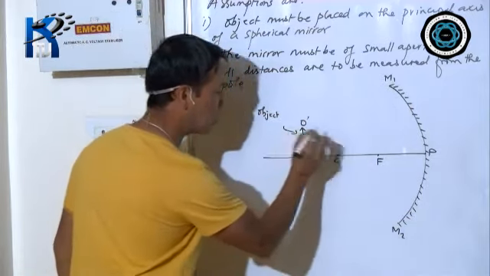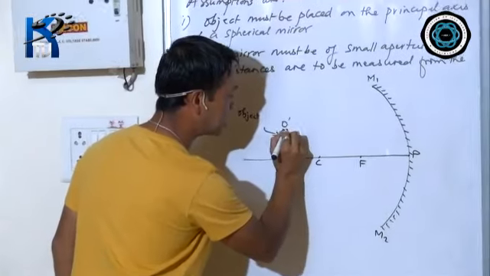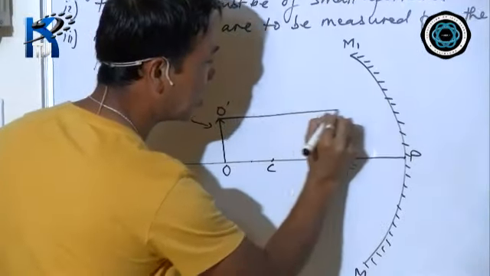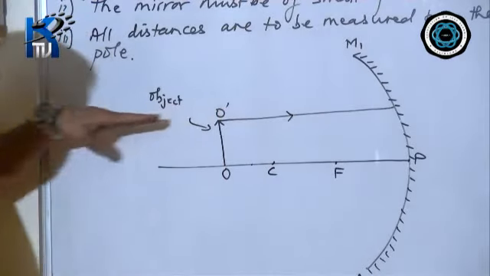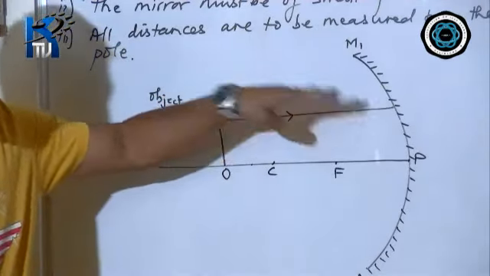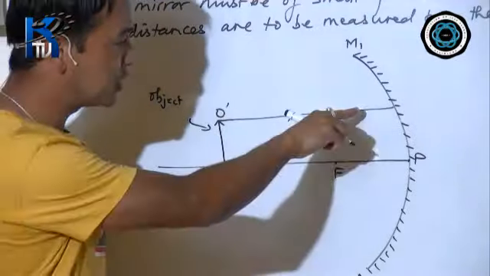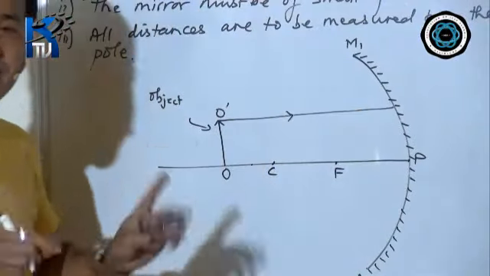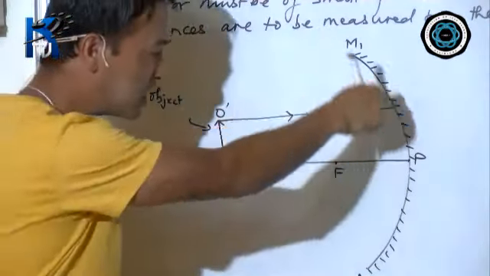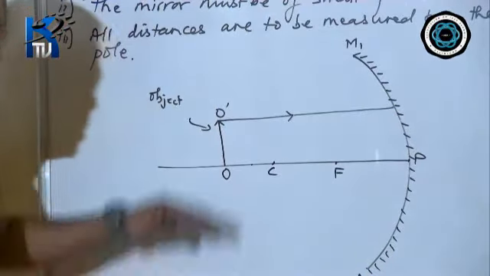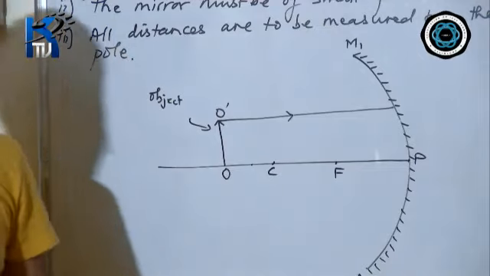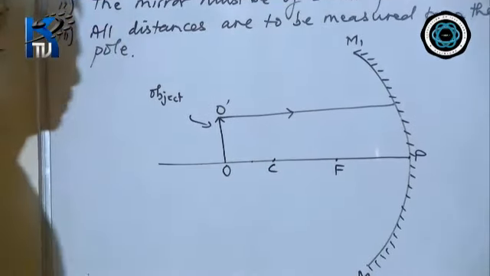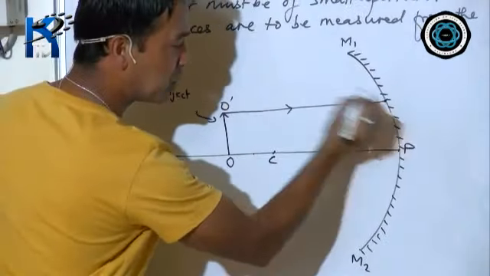So let me take one of the simple rules. The light can be incident from the object parallel to the principal axis. Yes, you can see in the diagram. This is the incident ray. Let me tell you again, this incident ray is also taken as a paraxial ray. Why? Because we are taking a mirror of small aperture, and incident rays which are closer to the principal axis are also known as paraxial rays. So this point acts as the point of incidence.